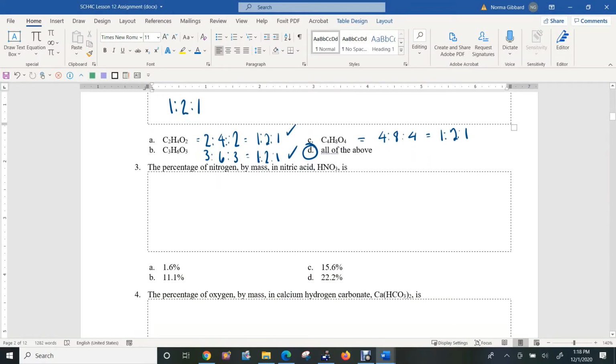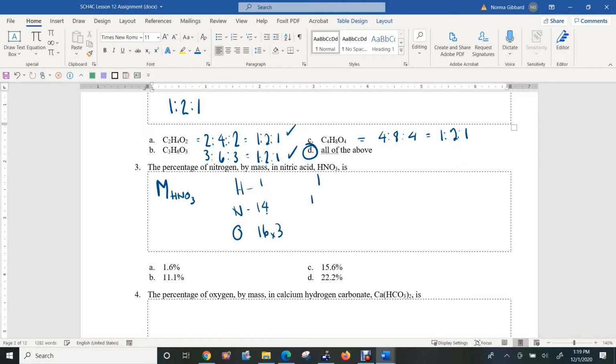Question 3. The percentage of nitrogen by mass in nitric acid, HNO3, is... Alright, so we want to start by doing the molar mass of HNO3. We know H is 1, we know N is 14, and we know oxygen is 16, and we have 3 of them.